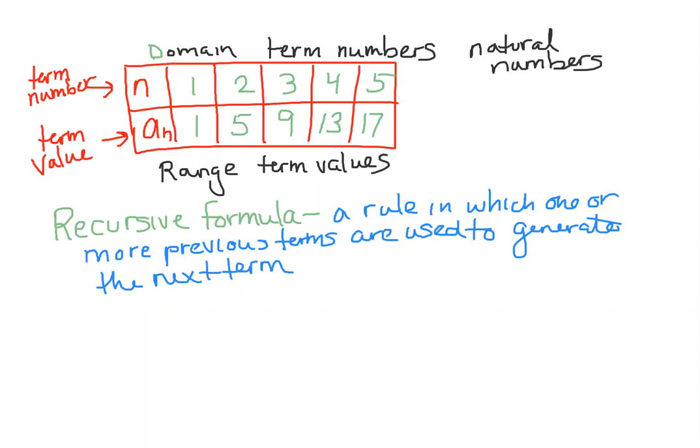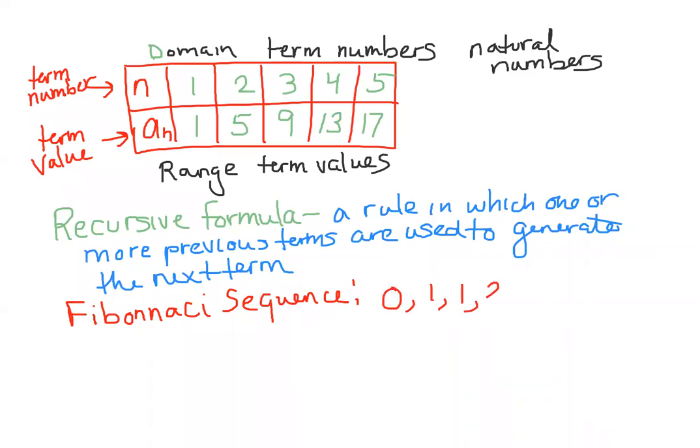The example that they're going to talk about here is the Fibonacci sequence. This is a special sequence that's named after Fibonacci. And the Fibonacci sequence is 0, 1, 1, 2, 3, 5, 8, 13, 21, and 34, and so on.